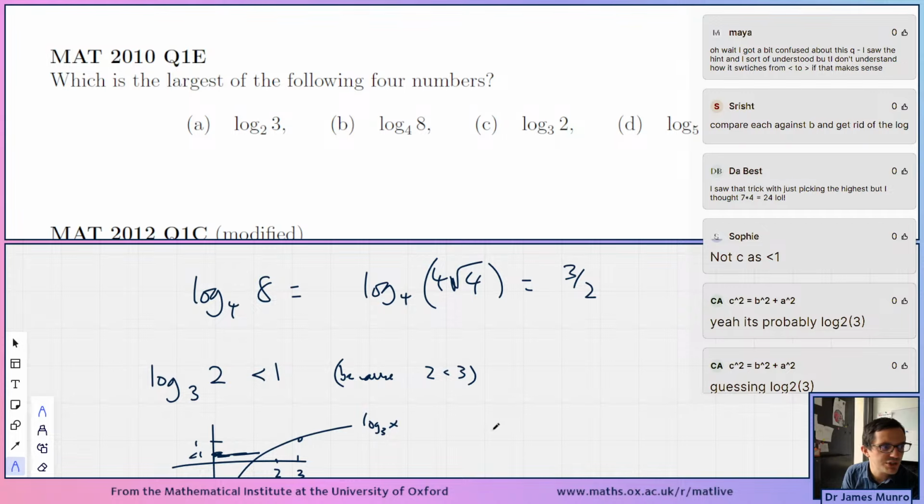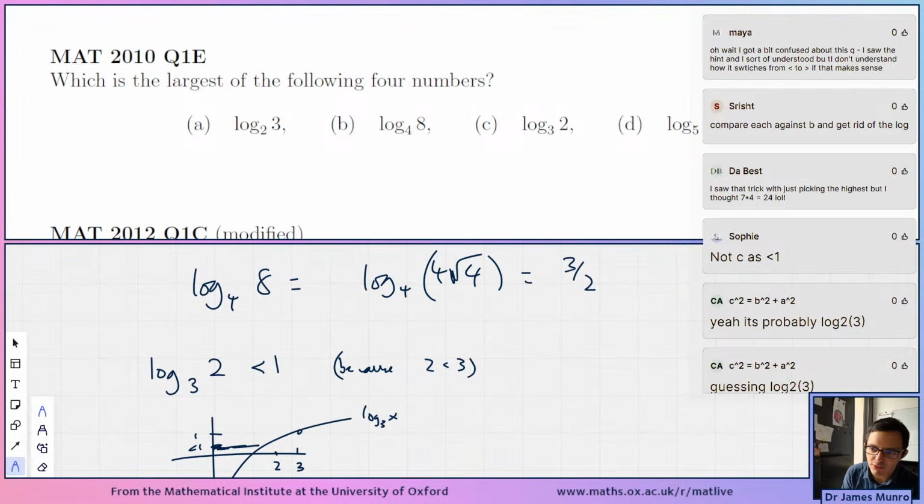I don't understand how it switches from less than to greater than, if that makes sense. So I guess the key idea is that the logarithm function is an increasing function. And there's a huge difference between this log base 3 of 2 and this log base 2 of 3, which is a different thing with log base 2, where if you give it the number 2, you get 1 back out of your logarithm.